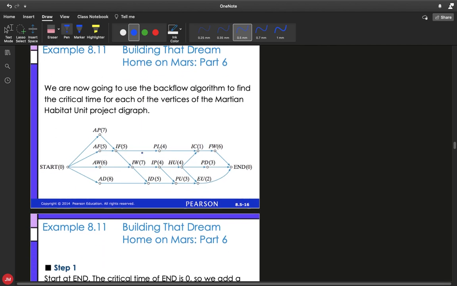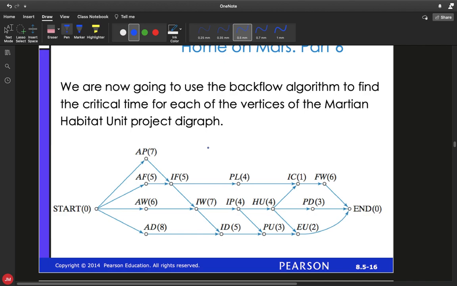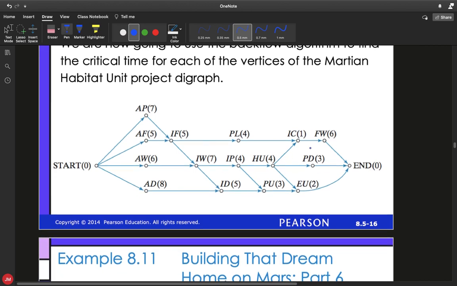So let's use the backflow algorithm to find each of the critical times for our Martian habitat unit diagram. Zoom in a little bit here. Obviously, starting at the end, each of these different tasks, FW, PD, and EU, are each going to have a critical time which is the same as what it would take to process them in the first place, because they don't have anything in front of them.